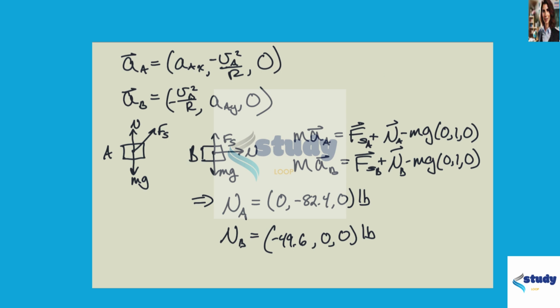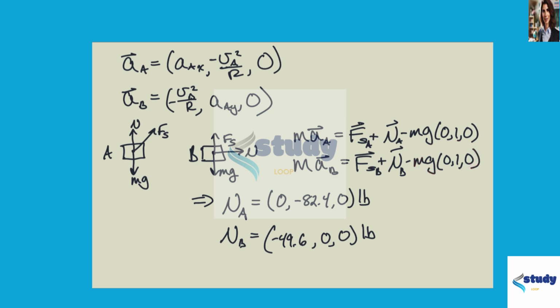And then at B, again, the normal force is in the horizontal direction. The spring force is in the vertical direction, so we don't have to worry about that one in this case. And same with the weight.